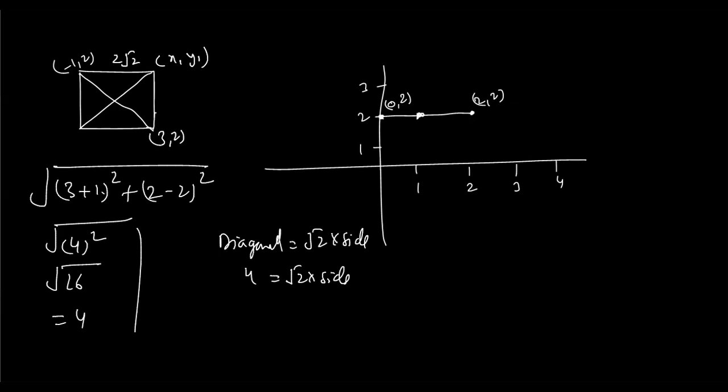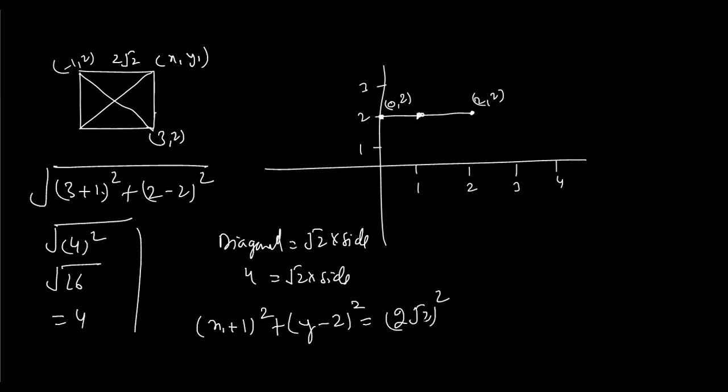So now you can easily calculate that (x plus 1) whole square plus (y minus 2) whole square, and that will be equivalent to, squaring on both sides and removing this under root, 2 root 2 square.